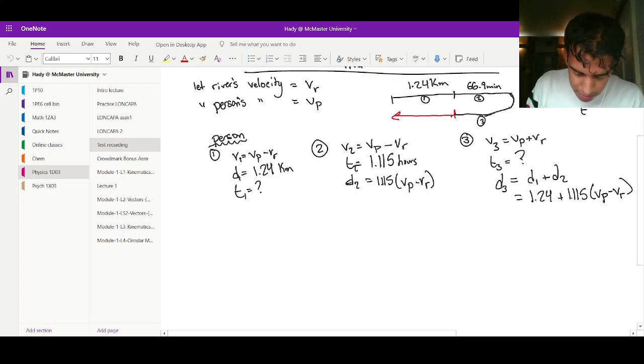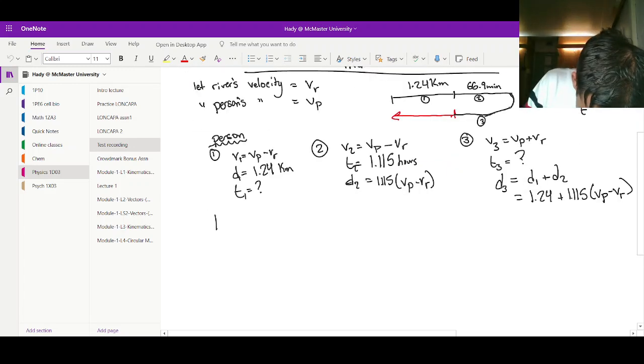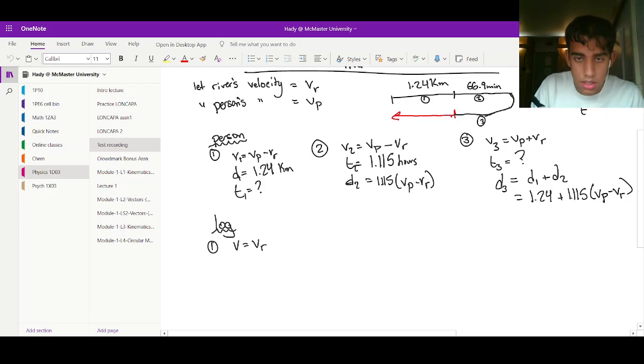Now, we have to take into account how the log is going. Our log only has one scenario, where its v is just equal to VR.